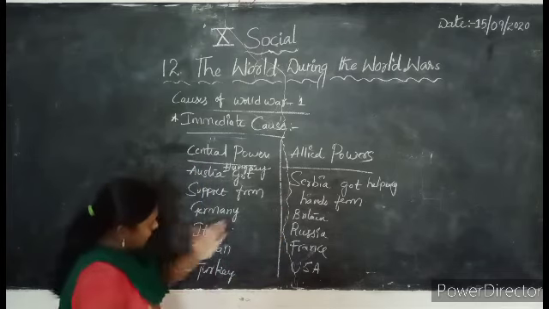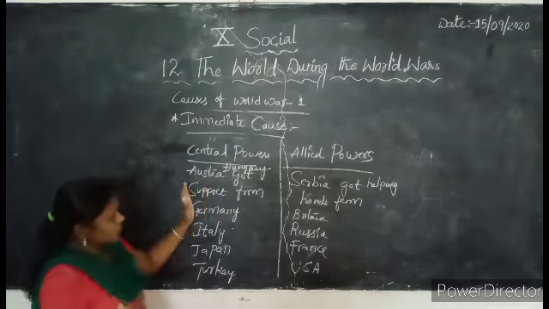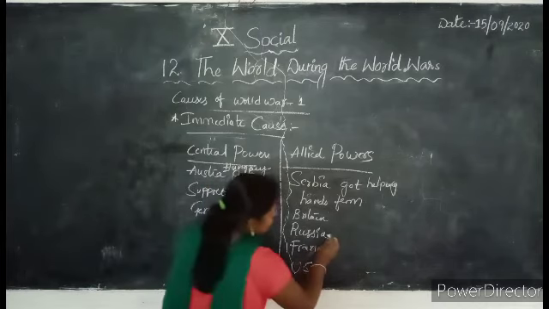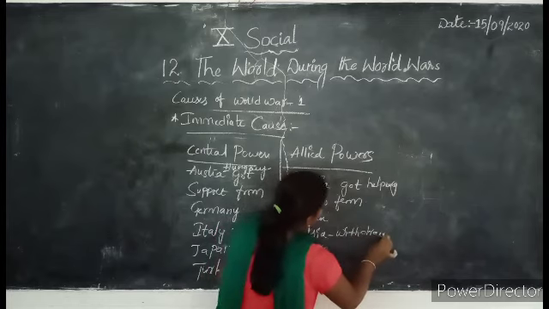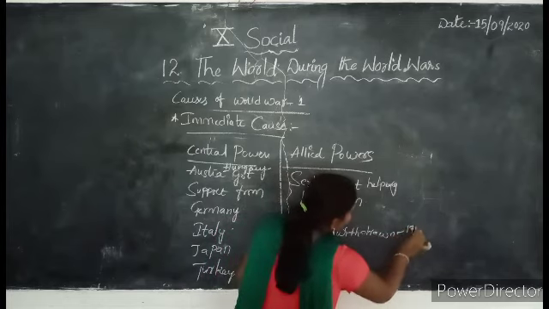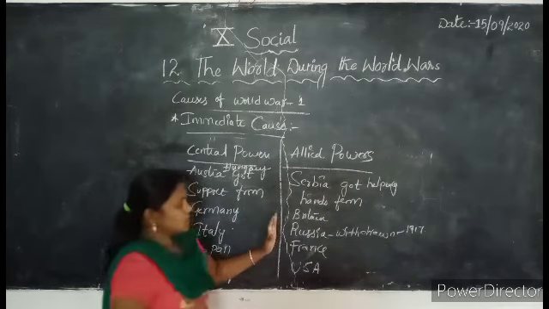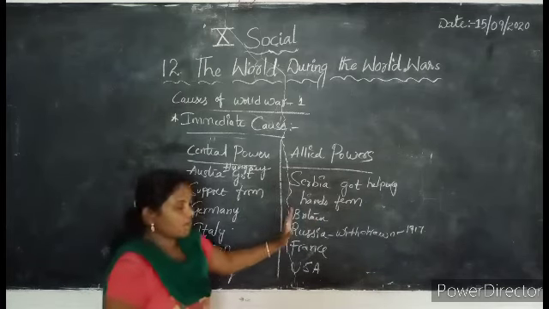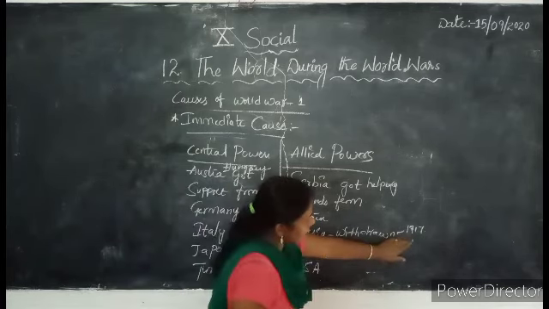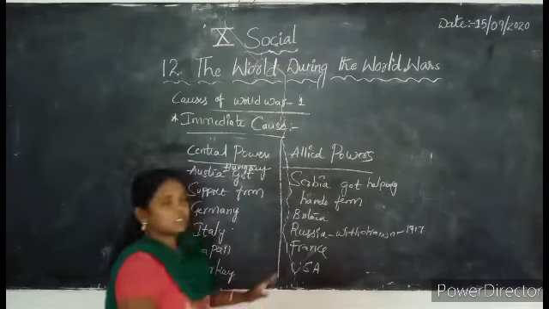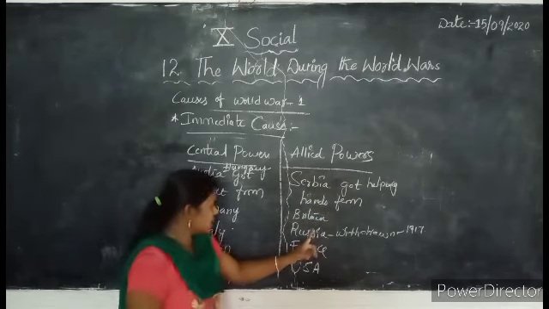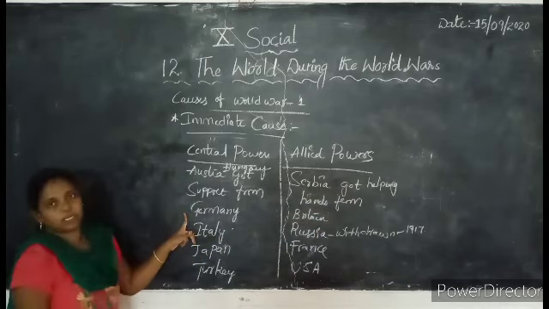So during World War I, Russia withdrew from the Allied powers in the year 1917. So in which year did Russia withdraw from World War I? In the year 1917, due to internal disturbances. It joined with Germany.